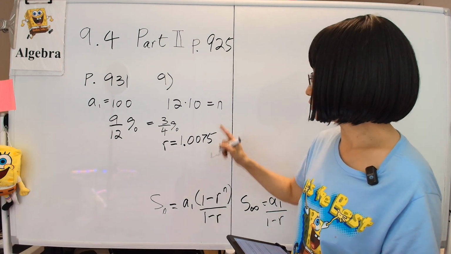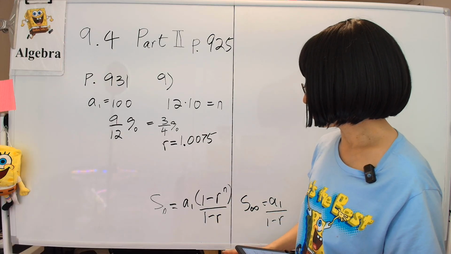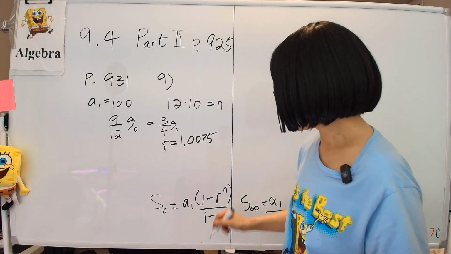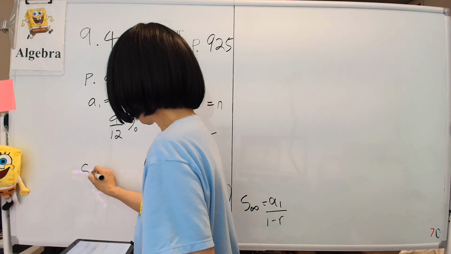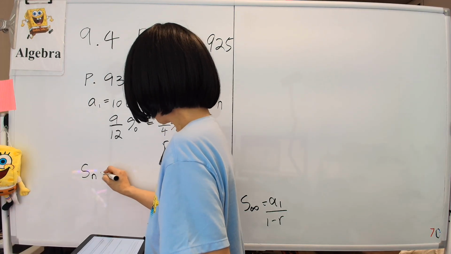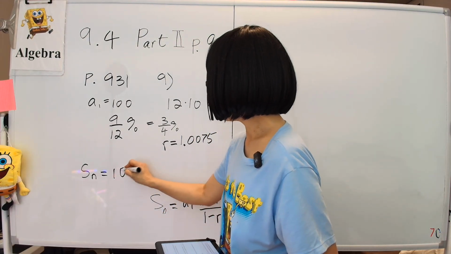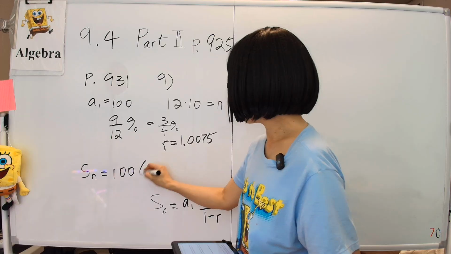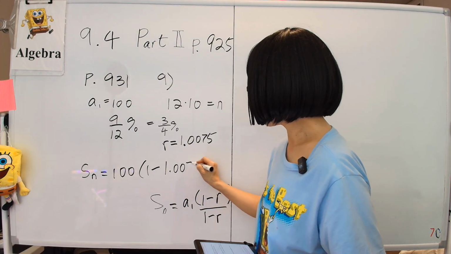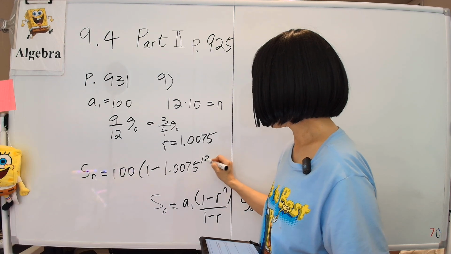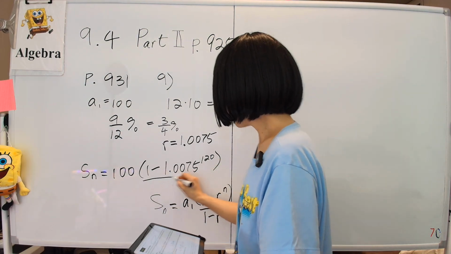So now we have all the required numbers, and we're going to plug them into this formula. I will write it down. The total sum of the annuity, S_n, where n is 120, is going to be equal to A1, which is 100, times 1 minus R, which is 1.0075 raised to the power 120, and then divided by 1 minus the same number.